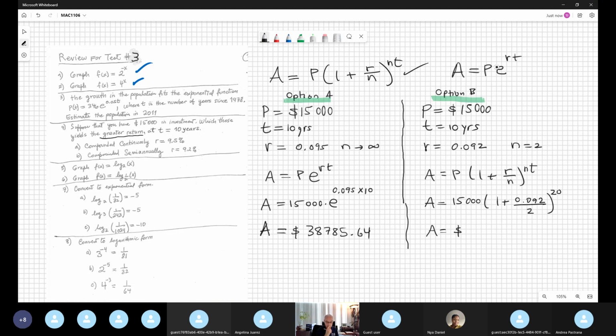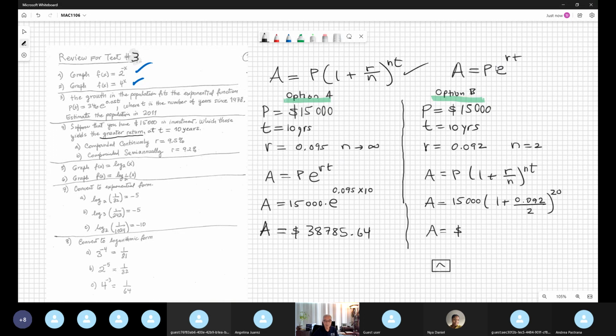Let's compute the second part. The second part is 15,000 times parenthesis 1 plus 0.092 divided by 2, close parenthesis, power, and on the majority of calculators there is a key that has that symbol.